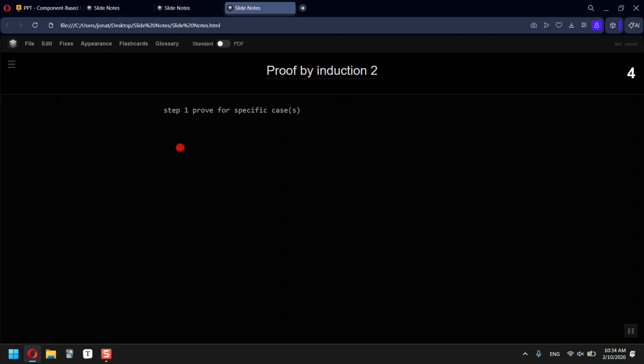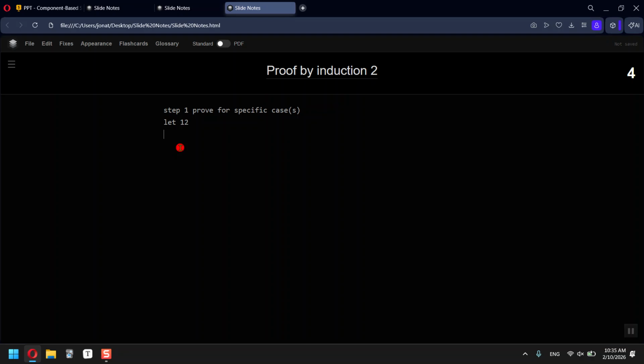It's recommended that we do multiple base cases since we're going to need them. So starting with 12, we can say it's 3 times 4, right? 13 is 2 times 4 plus 5. 14 is 1 times 4 plus 2 times 5. 15 is 3 times 5.